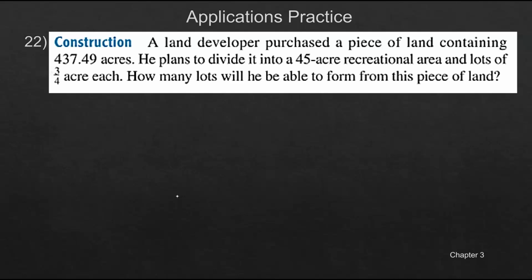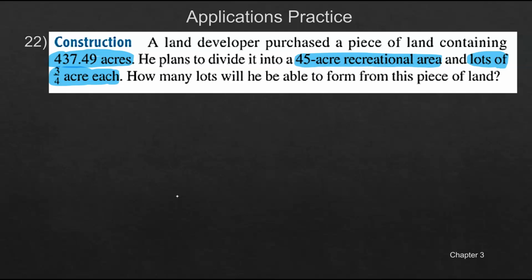Okay, so here's the thing. He's got this many acres, he's going to do a 45-acre recreational area, and there's just one of those. And then the rest of it will be lots, and they will each be 3/4 of an acre. Let me go ahead and put that each in there.